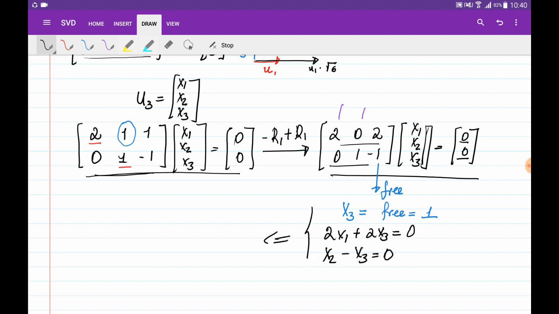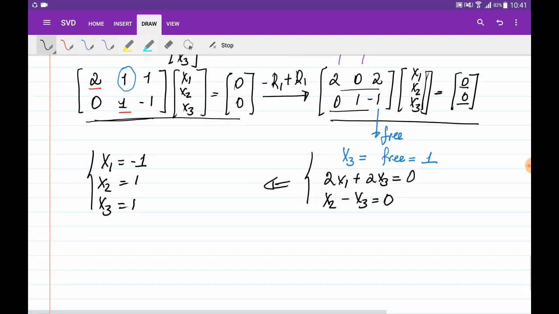So we can try to solve this. If I substitute x3 into the first equation, we obtain that x1 is equal to minus 1. If I substitute x3 into the second equation, we have x2 is equal to 1, and x3 is equal to 1.